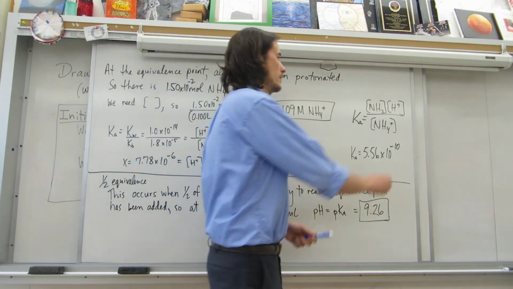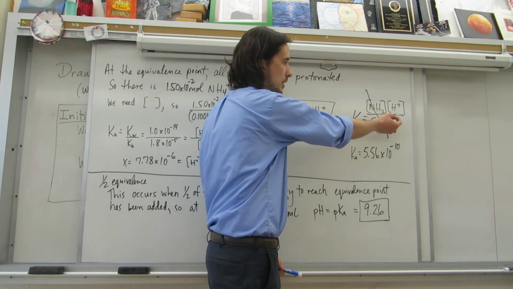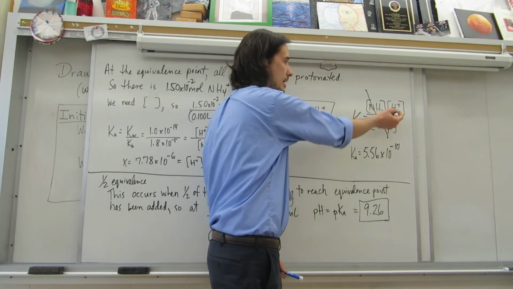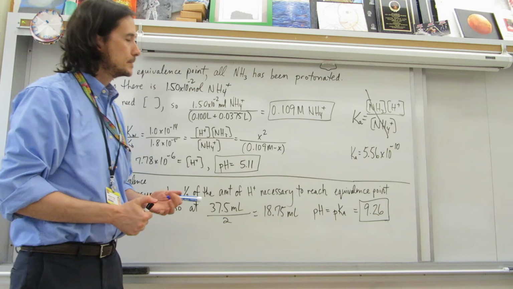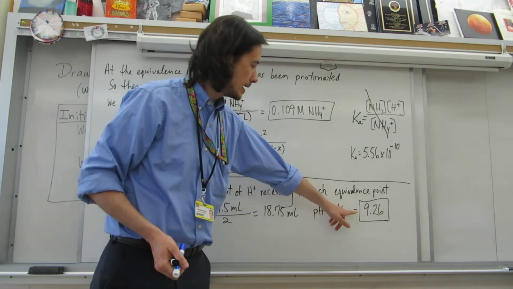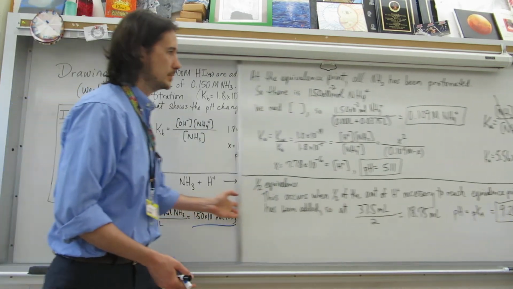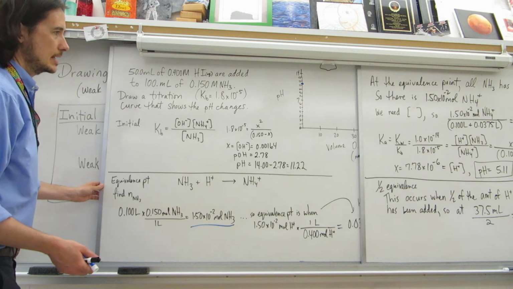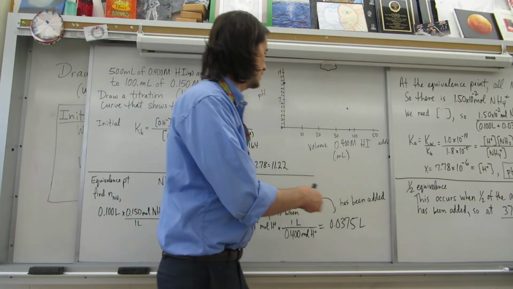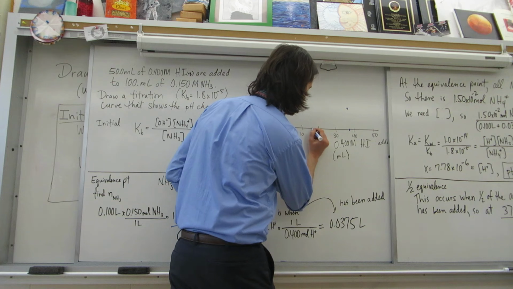And if they're equal, then they're no longer a factor, and Ka equals H plus, or pKa equals pH. So that's why. And we get a pH of 9.26. So we got 18.75 milliliters and 9.26. Oh, I'm just estimating here. Somewhere here.